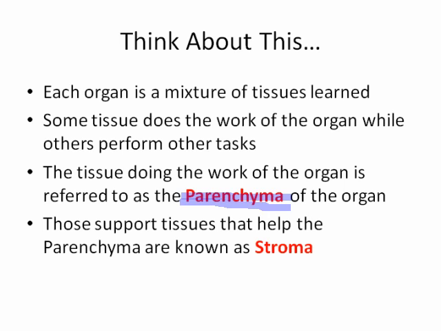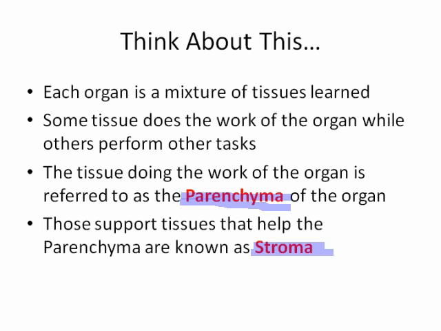The parenchyma of an organ is the tissue that is doing the function of the organ, whereas stroma is that other tissue that is surrounding it. It becomes the tissue that is there playing a supportive role in the process.